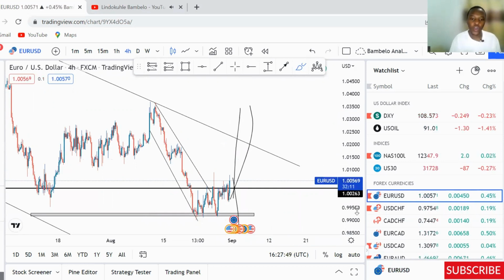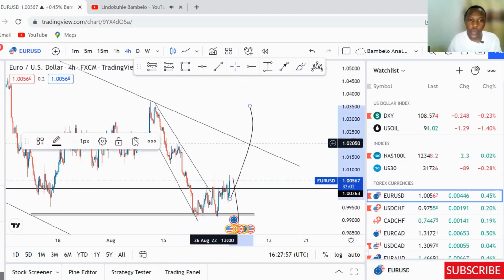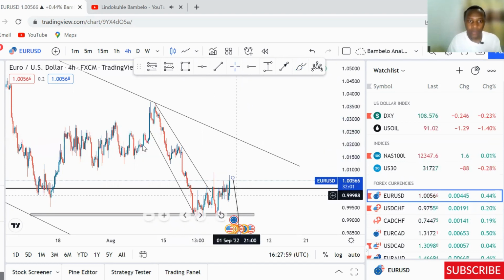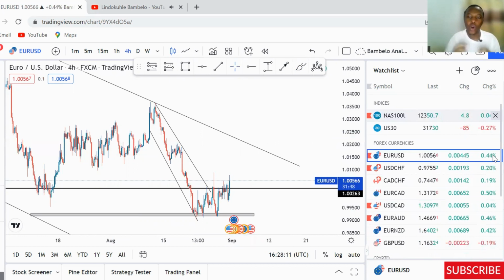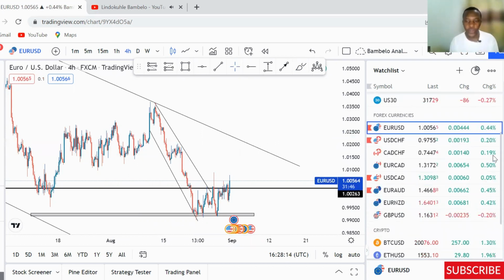One of the correlations that I noticed was between USD Swiss and Euro USD. When Euro USD buys, USD Swiss francs sells. When Euro USD is a sell, USD Swiss francs tends to be a buy, right? That is a pure example of a negative correlation.